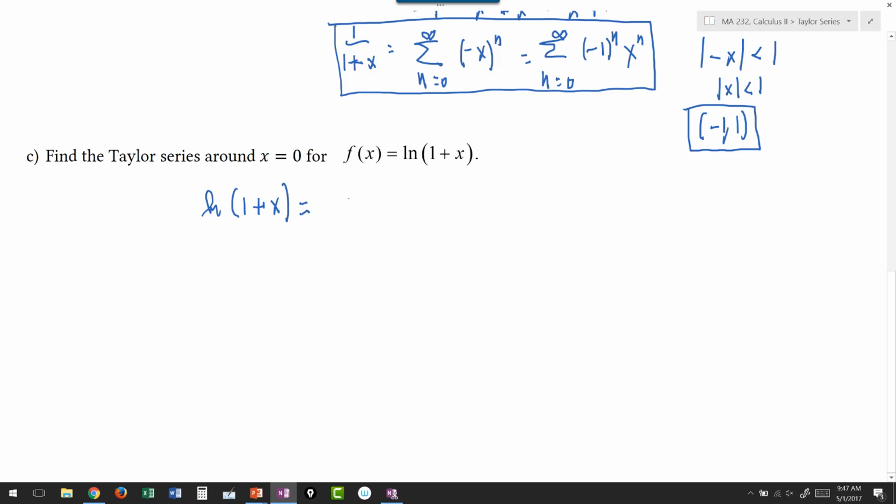The idea is that the natural log of 1 plus x is the integral of 1 over 1 plus x. And we've already done the work to figure out that the series for 1 over 1 plus x is the alternating series of powers of x.